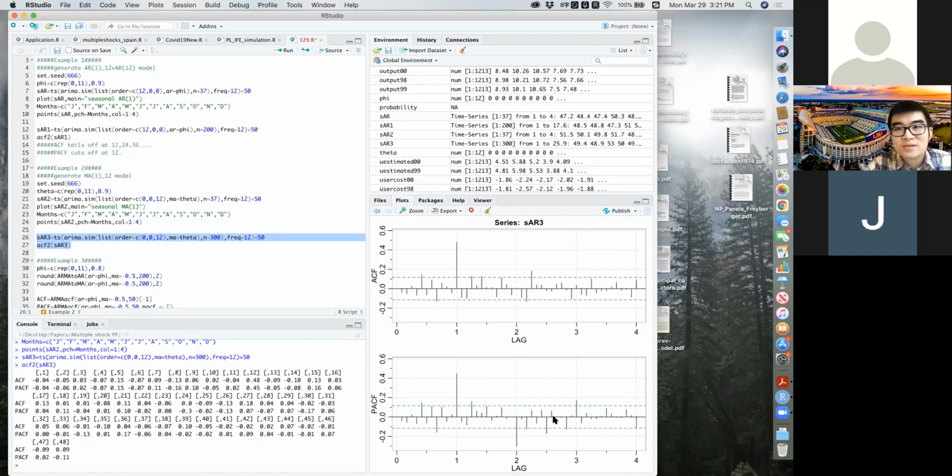So it tails off at lags KS, where K is an integer and S is the seasonality. This is again very different from a pure MA1 model, where the PACF plot just tails off. Here it tails off at every lag K times S.